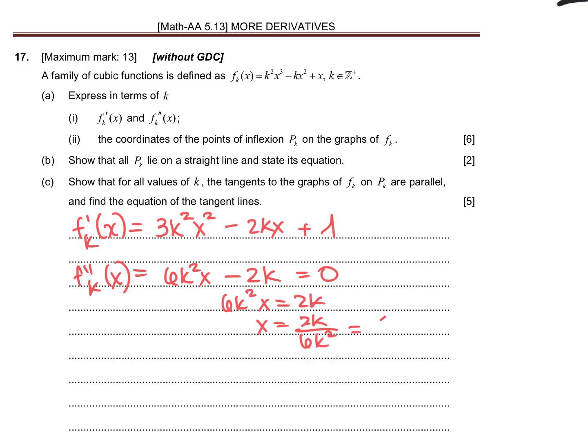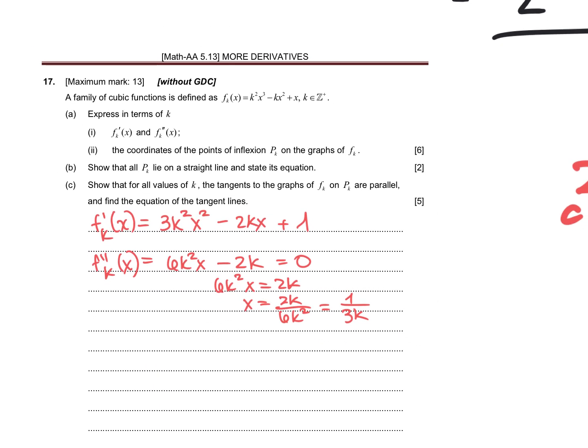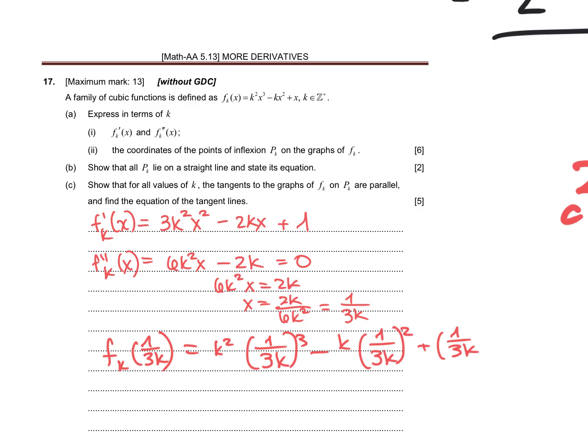So this is 1 over 3k. That's the coordinates of the points of inflection. So we need to just substitute that back into the original function. So k squared (1 over 3k) cubed minus k (1 over 3k) squared plus 1 over 3k.